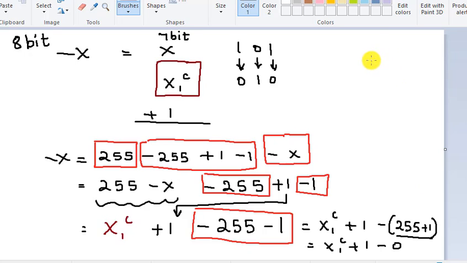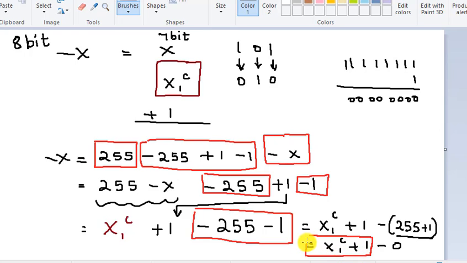If you add a 255, which is all ones, right, and you add 1 to it, it will always be 0. 0 0 0 0 0 0 0. So that goes away. We are left with this term, ones complement of x plus 1. So that's what the negative numbers are represented as.